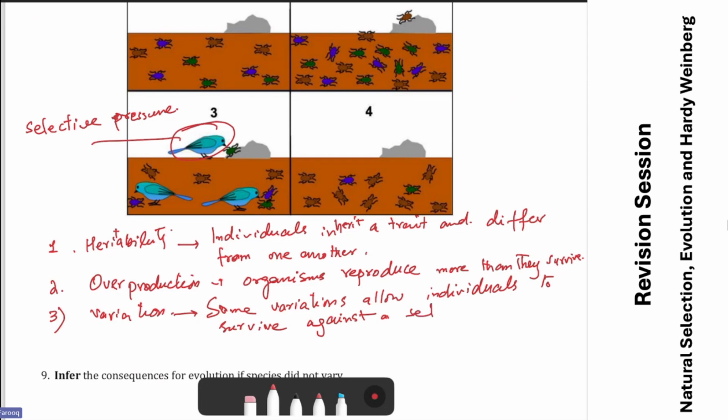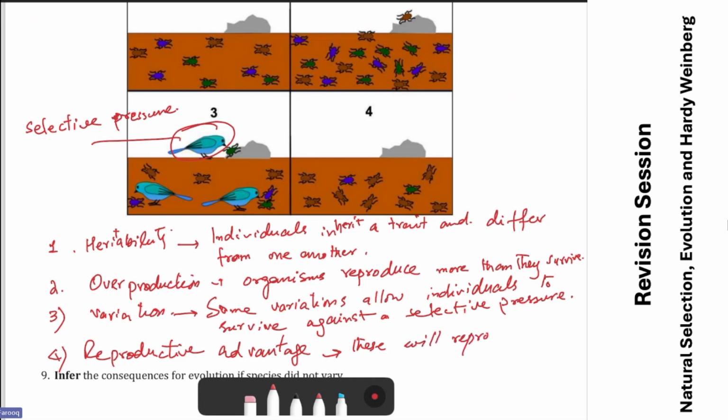So they survive against the selective pressure. It means they are selected for, and all those who are selected for have a reproductive advantage. These organisms will reproduce and pass on the traits. So these are the 4 principles you apply on this picture and you can answer them.